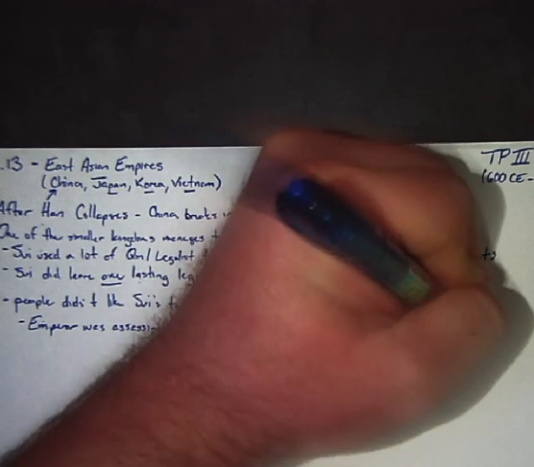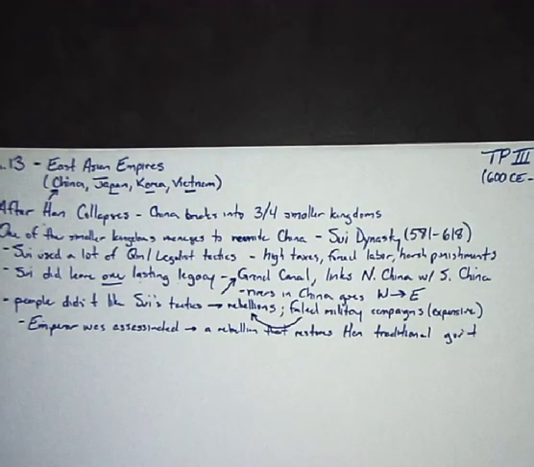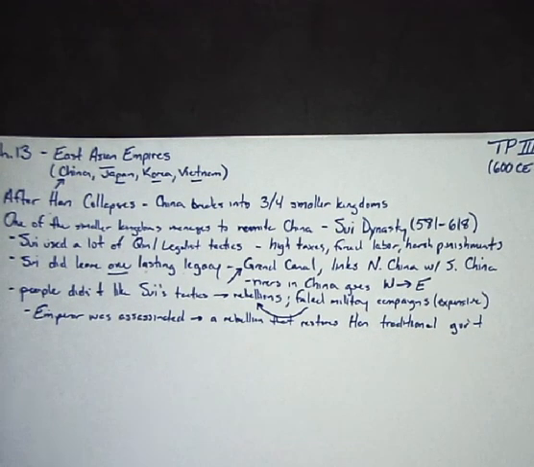So some of the stuff that the Han were doing, the Sui emperor, when he's assassinated, a rebellion comes and it restores kind of what the Han were doing. And so this dynasty is going to last a long time, just like the Han did.